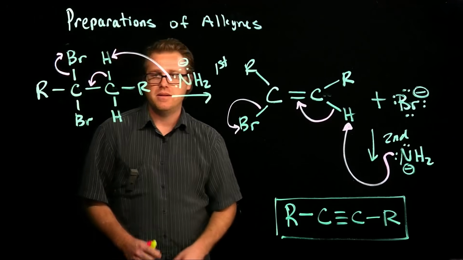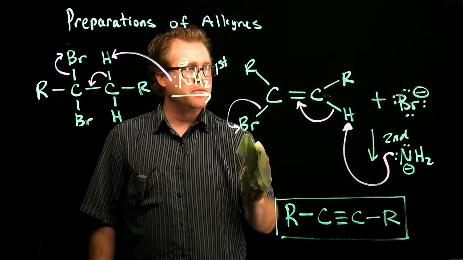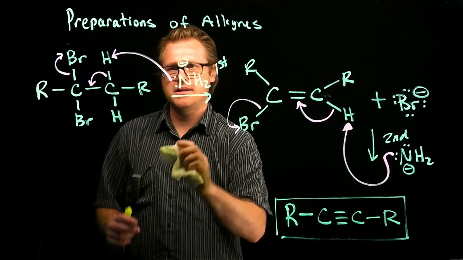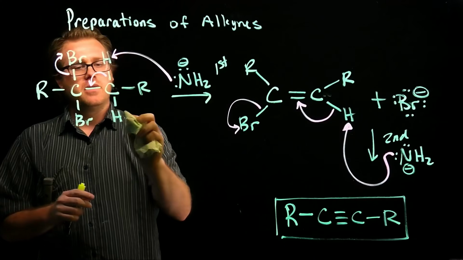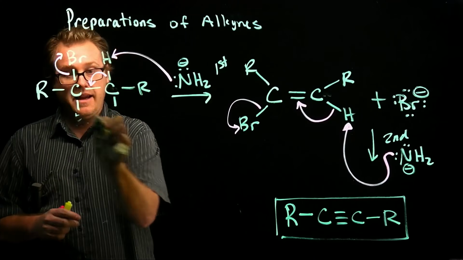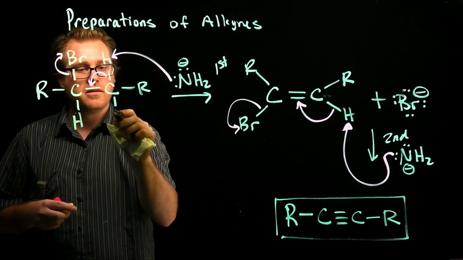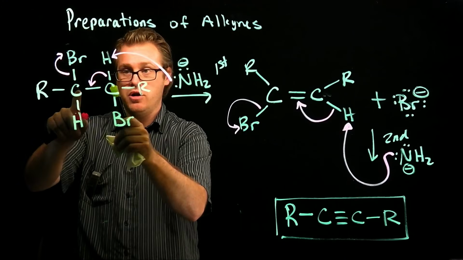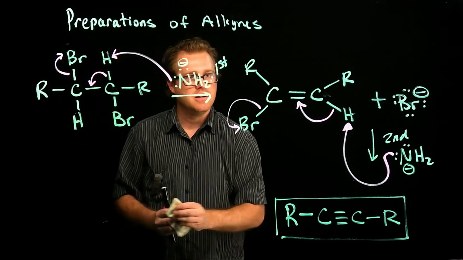Now what happens? Now what we can do is, let's see if we can keep some arrows here. Let's replace, now we can have a dialkyl halide like this, where you can see we have 2 carbons with a halogen. All right, that's interesting.